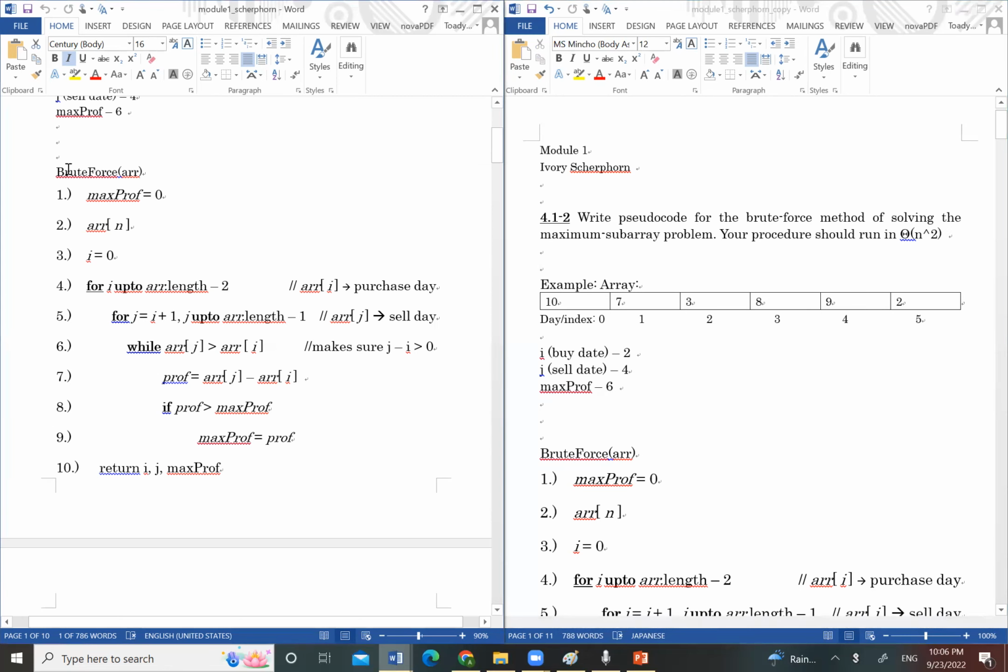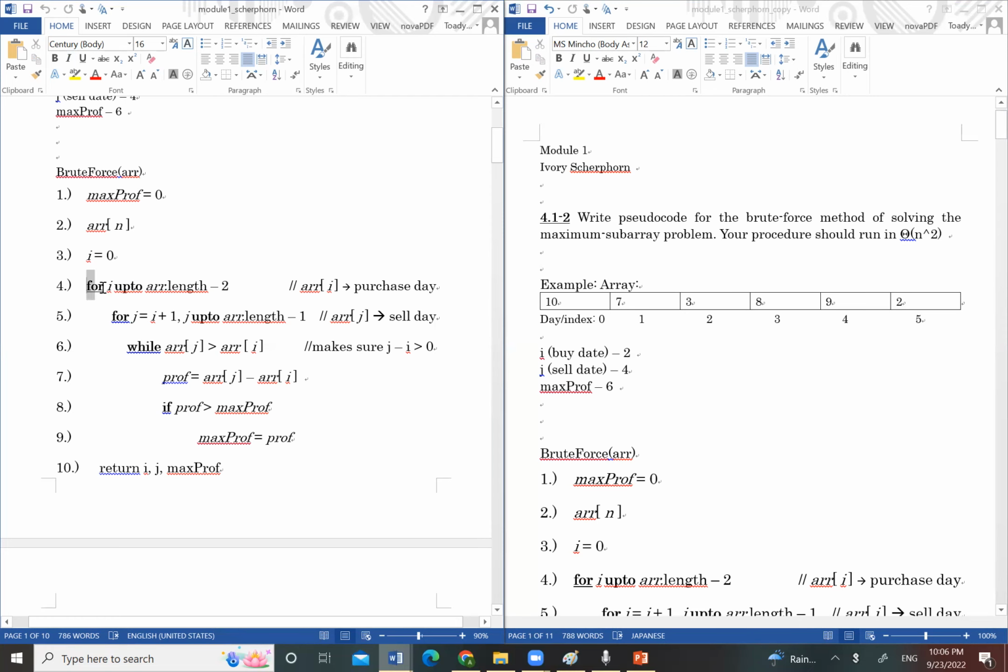So let's go over here to the left and look at my code. So I have the brute force method or function. My first line is just creating the max prof, which is max profit, so I can compare it with the profit that will be distinguished within the embedded loop of J. Then we have array n, and I equals 0 just for initiation purposes.